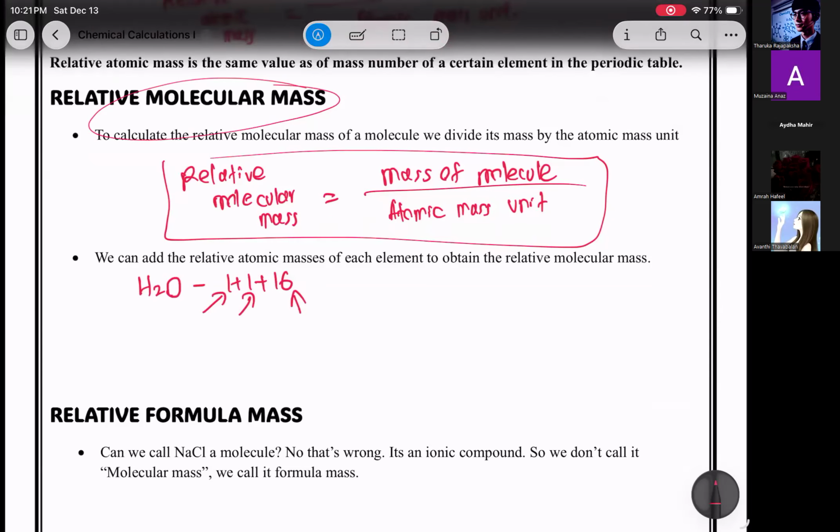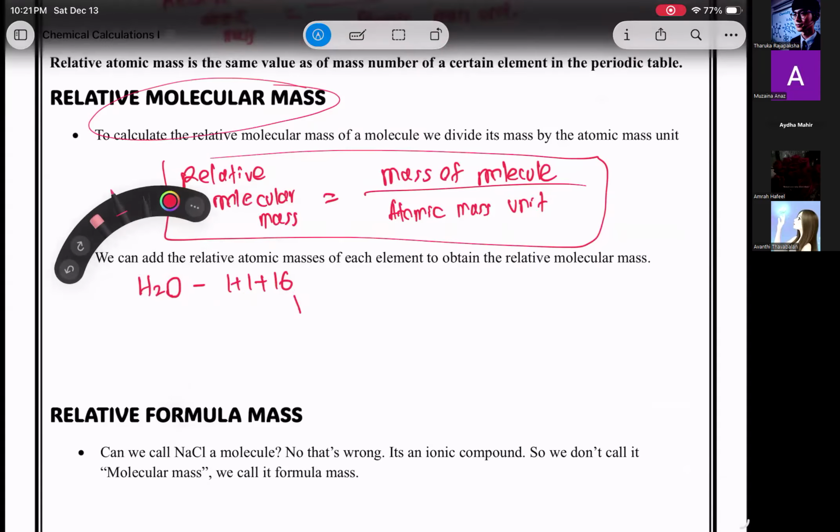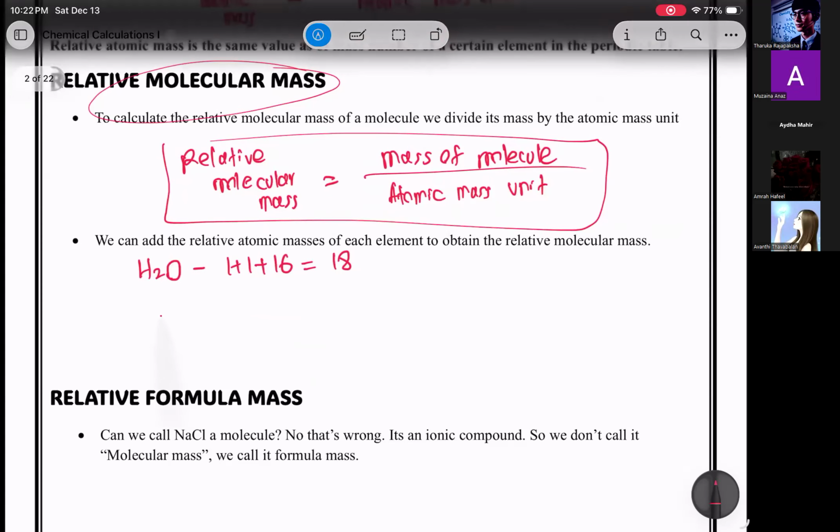So there are two hydrogen and one oxygen. When you add them up together, you have how much? 18. Right? 18. Relative, so it doesn't have a unit. Then what else do we have? Like ammonia, 14 plus 3, 17, and CO2 is like 12 plus 16 plus 16. Very basic concepts.